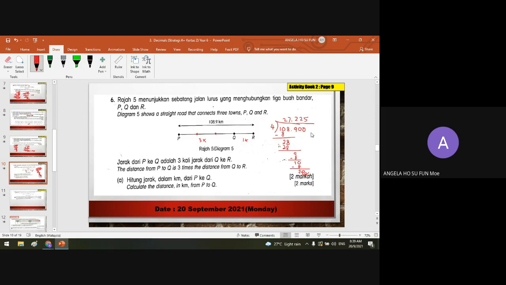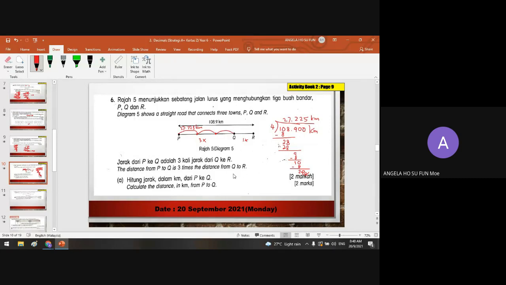So this is in kilometers. One part, from here to here, is 27.225 kilometers. Now to calculate the distance from P to Q, you see it jumps how many times? 1 time, 2 times, and 3 times.